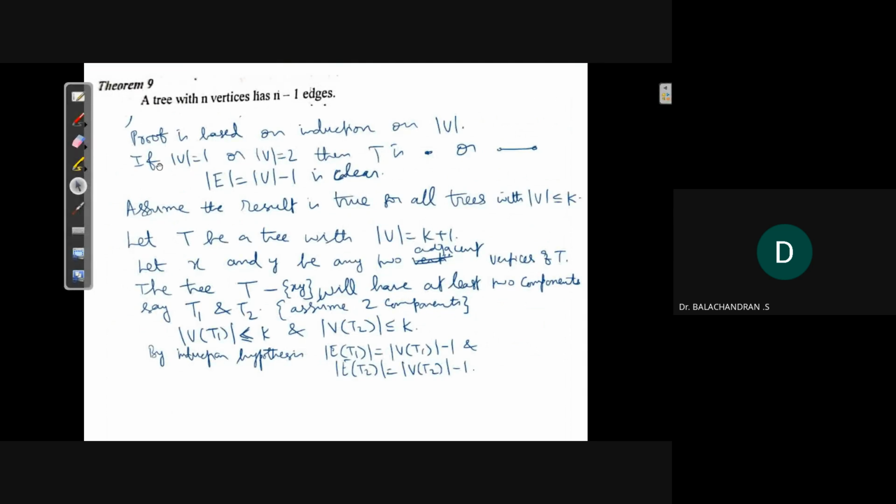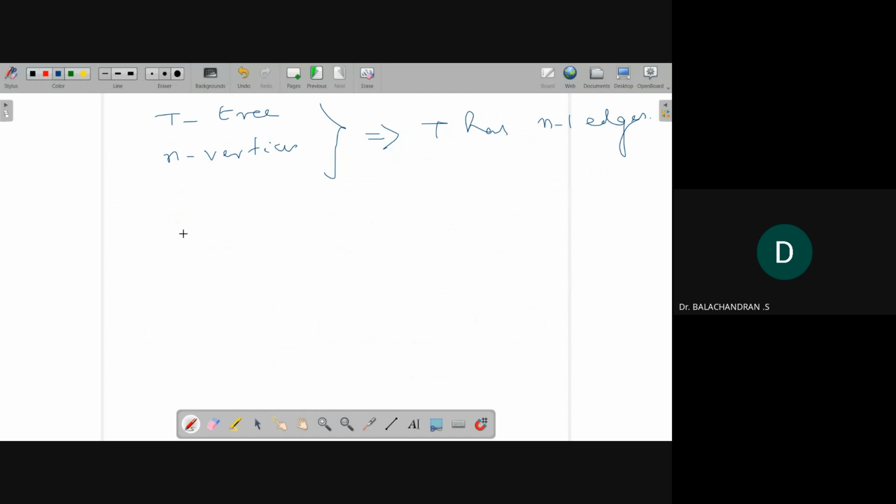The proof is based on mathematical induction on the number of vertices, the cardinality of V, which means the number of vertices in the tree. If cardinality of V equals 1, that means n equals 1, just a dot.